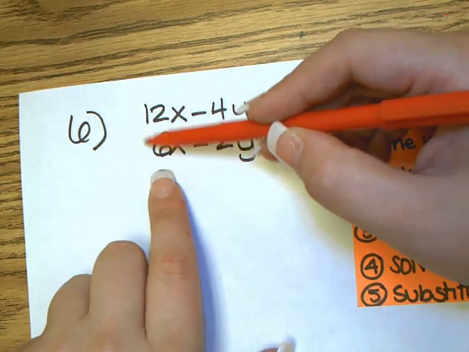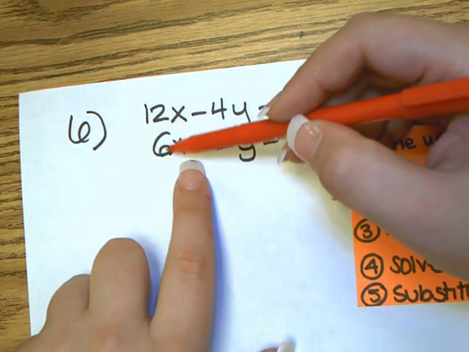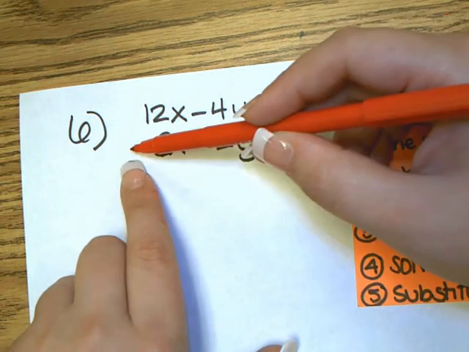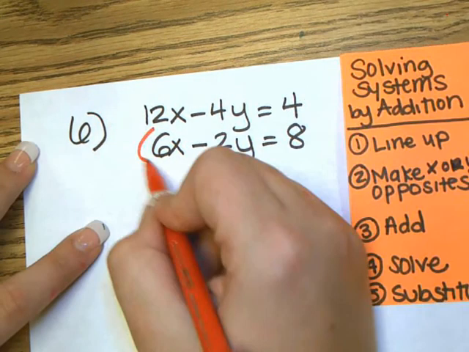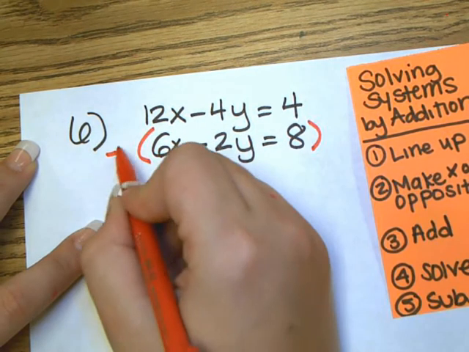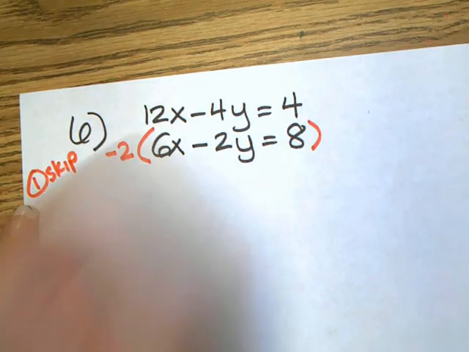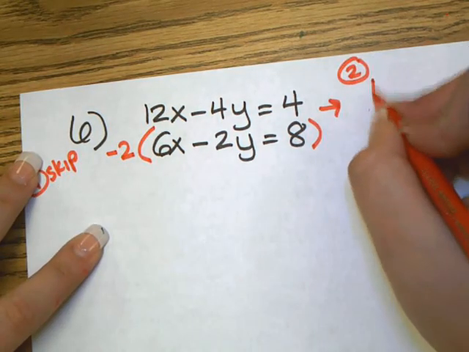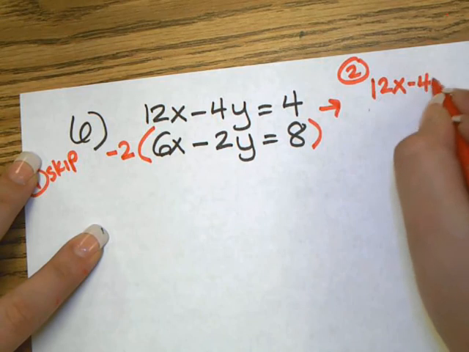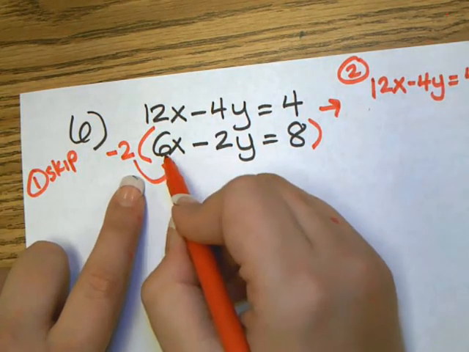Okay, last example here. They're all lined up. I have to make opposites. So what's drawing me to it is I can multiply by negative 2 to make this negative 12x, or I can multiply by negative 2 and then the y's would go away. So I'm going to take the bottom equation. So step 1 we skip.